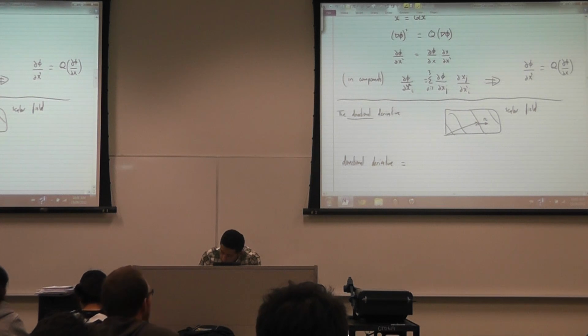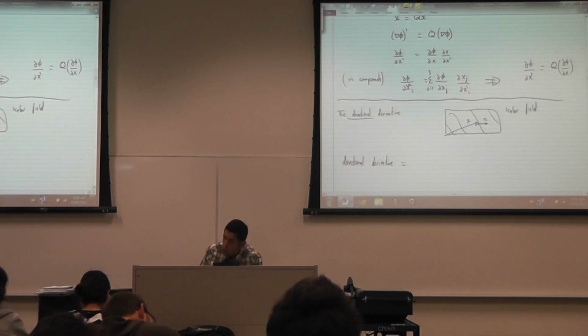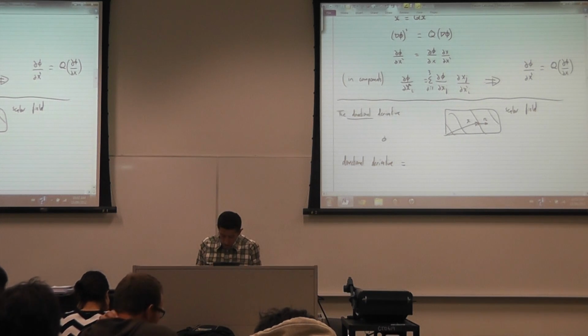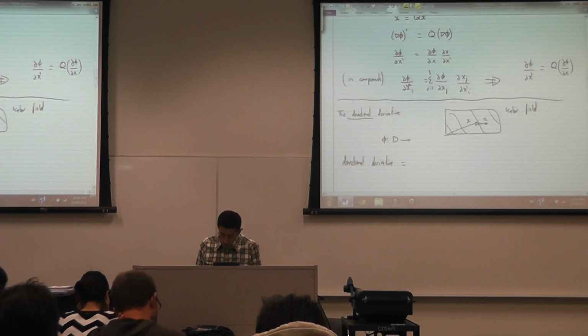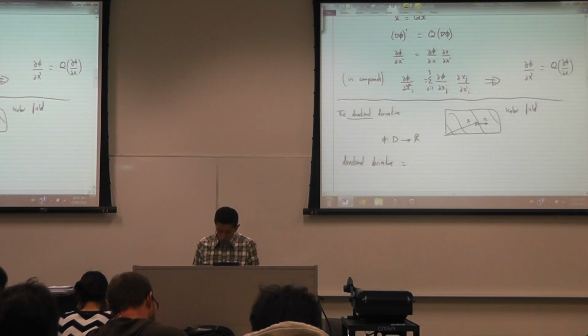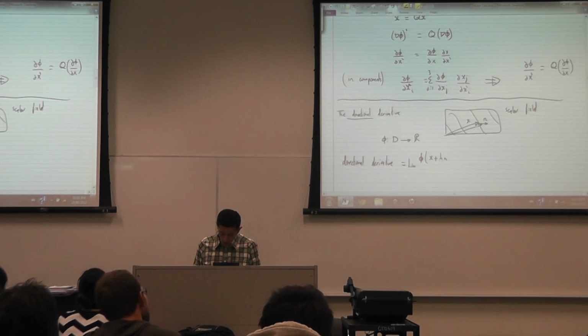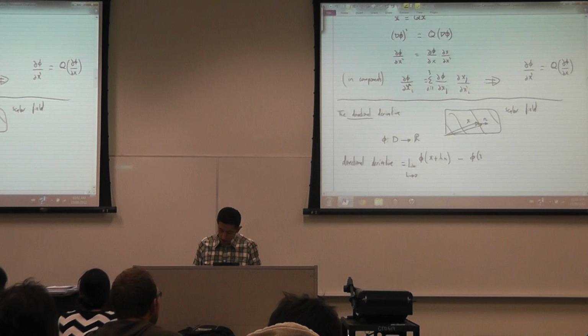this is vector x, then the rate of change of that scalar field phi that takes from D to R is equal to the temperature at a very small distance in the direction of n minus phi of x divided by h.